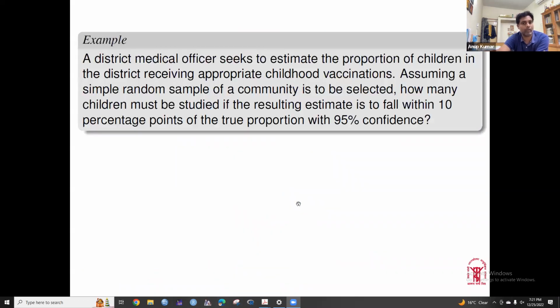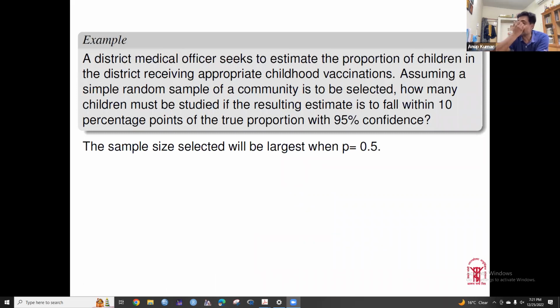Now this is quite tricky. So what we do here, that we take the value of p as 0.5 because for this p the sample size is largest. देखिए हमें अगर p के बारे में कुछ भी आइडिया नहीं है, what proportion of children are properly vaccinated, अगर if we have any idea from the past study or from any other study, we can take the value of p from that study, quoting that reference.